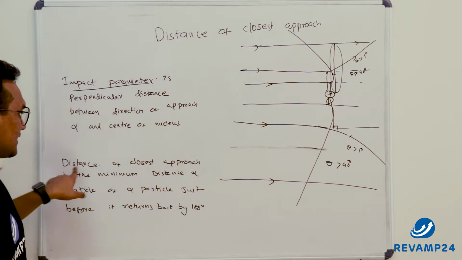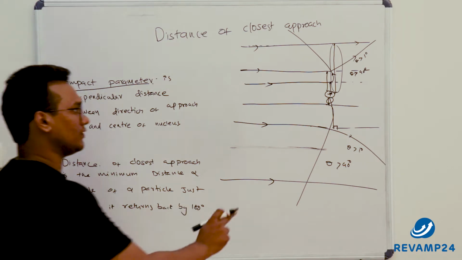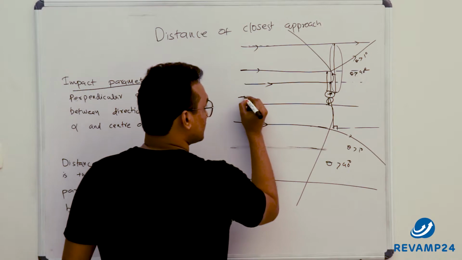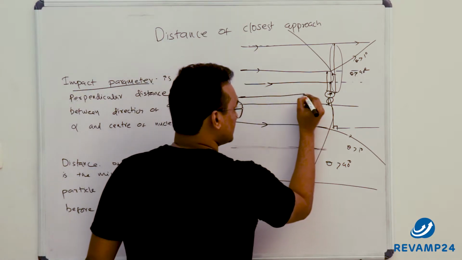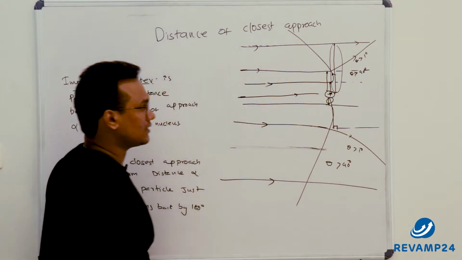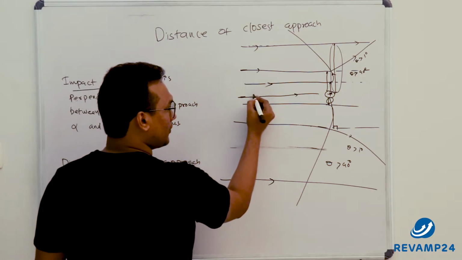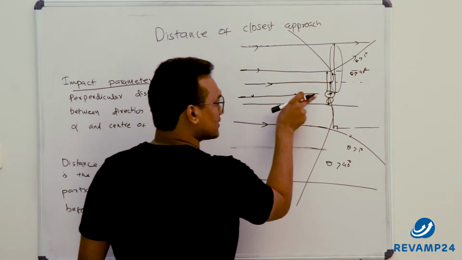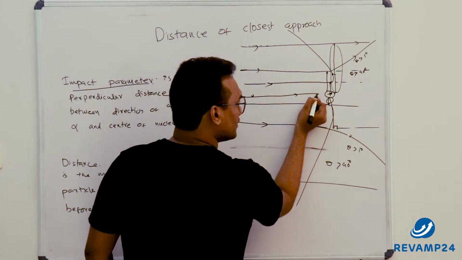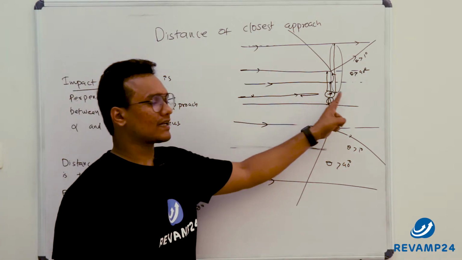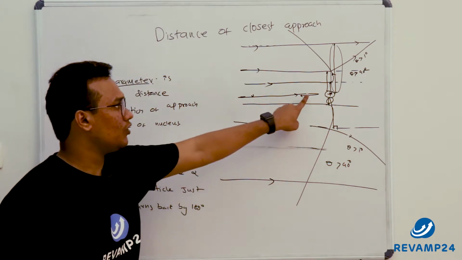Next one is the distance of closest approach. There we talk about the alpha particles approaching the nucleus in a head-on collision. This alpha particle will move all the way in this direction, and at some point it will return back. That is not exactly after a collision, because it will not be able to collide.